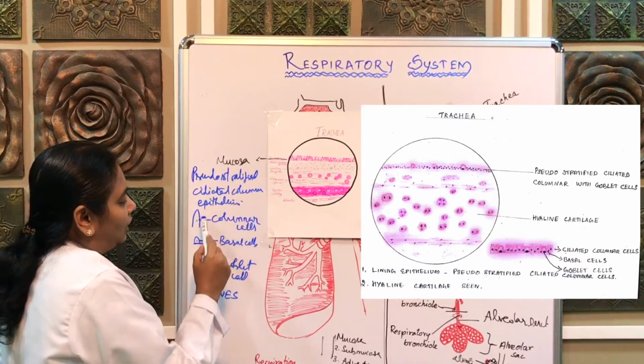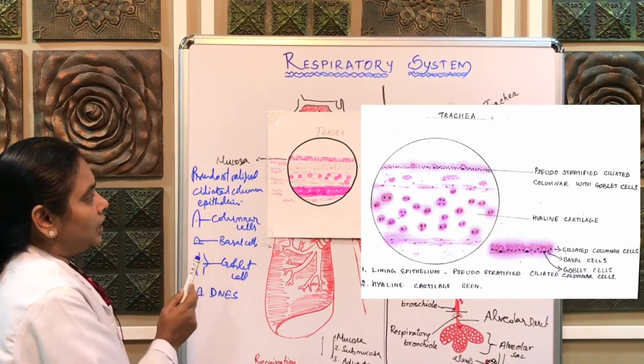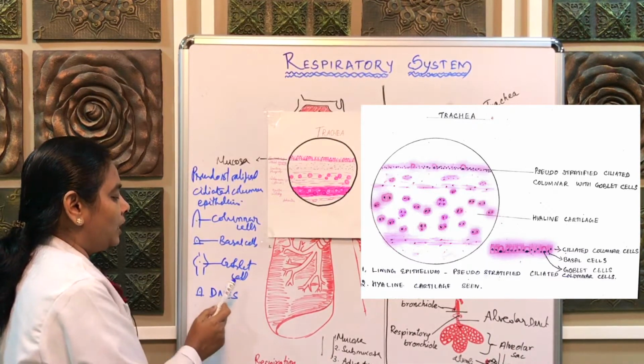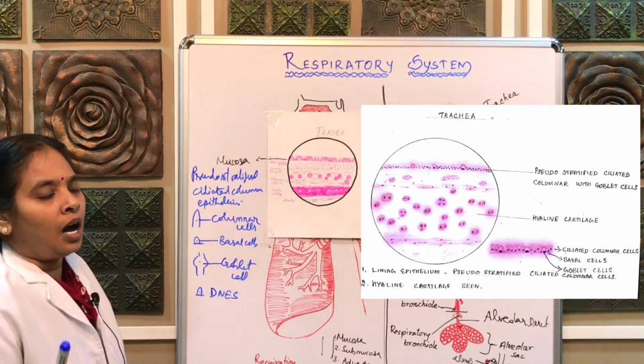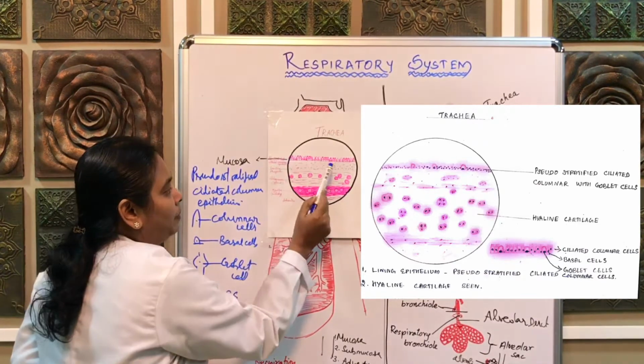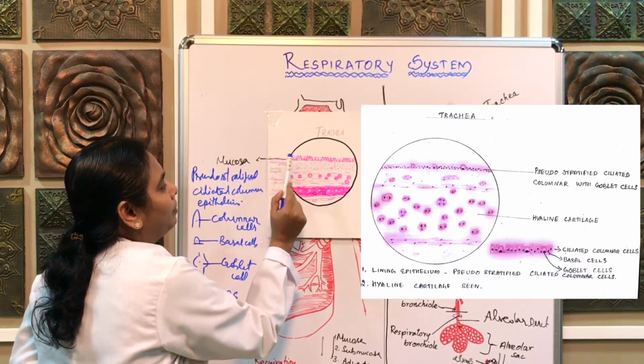Then what are the types of cells present in the epithelium? Columnar cells, basal cells, goblet cells, and also diffuse neuroendocrine system cells which are secreting some hormones under neuronal control. Then this epithelium is resting on the thick elastic lamina, that is the basement membrane.